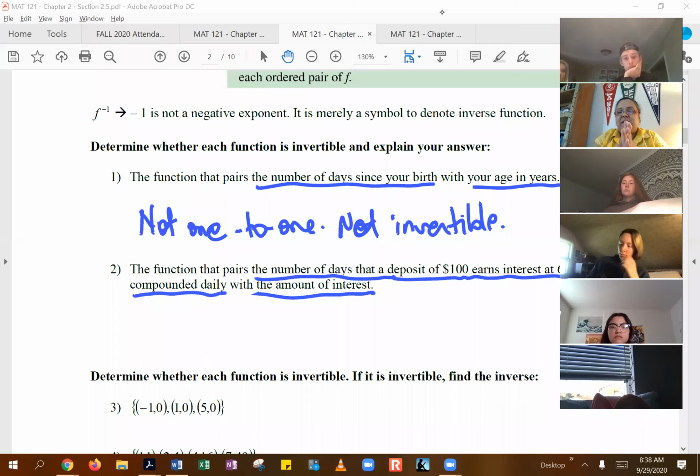So basically here, the idea is, if you take the number of days that we deposit this $100 into a 6% interest earning account, and the amount of interest we are calculating, will we have that unique relationship between our two variables? Or like you saw in the first example, is it going to be that for the same Y value, we are going to end up with two different X values, or multiple different X values?